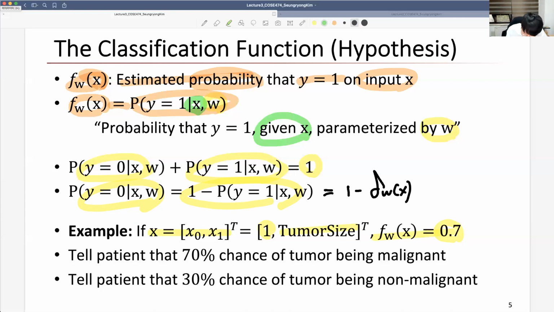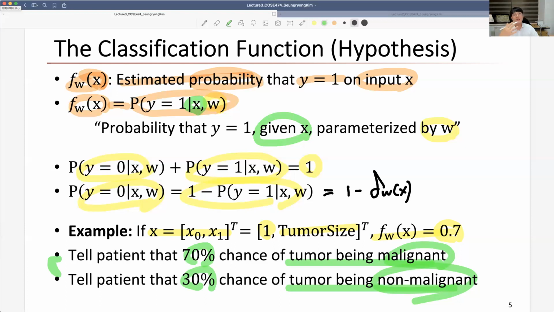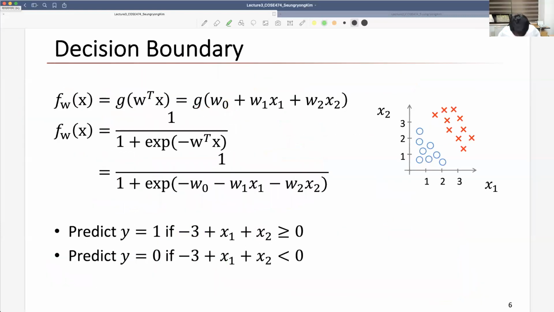Then we can tell the patient that there is a 70% chance of the tumor being malignant, or a 30% chance of the tumor being non-malignant. So by using the classification mapping function, we can understand the probability of something happening. Okay. Here's one more concept: decision boundary.